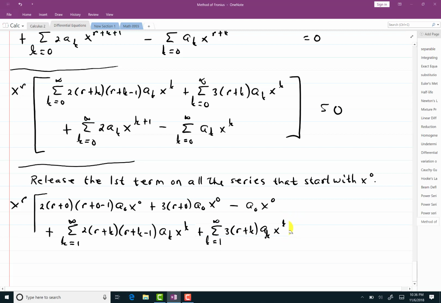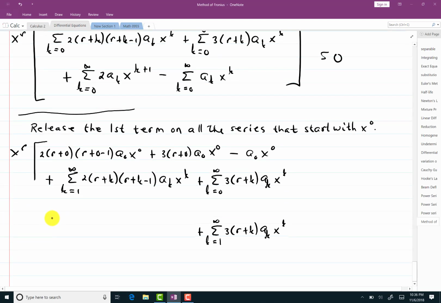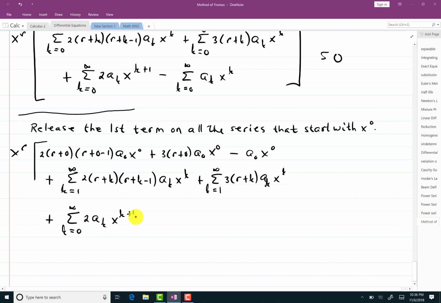And that a sub 0 that I just wrote should be a sub k. And that equals 0.